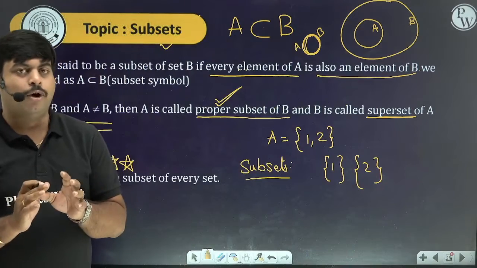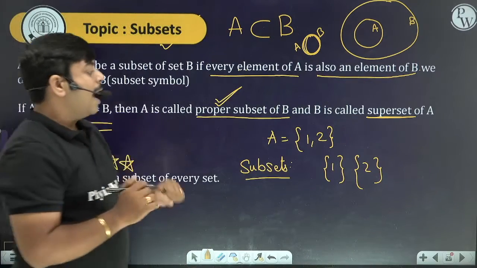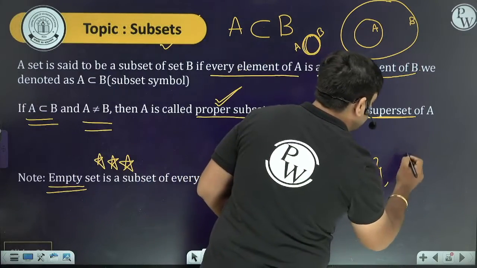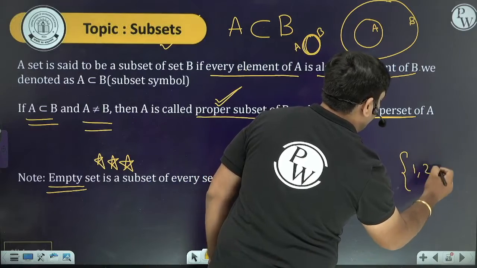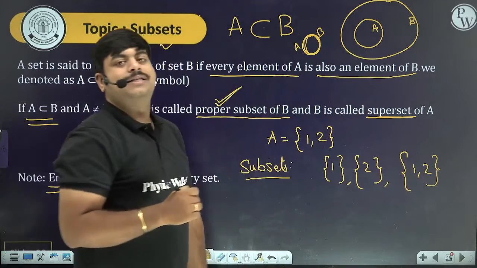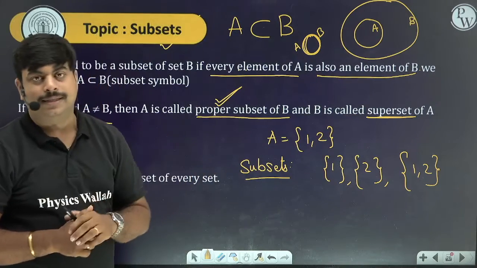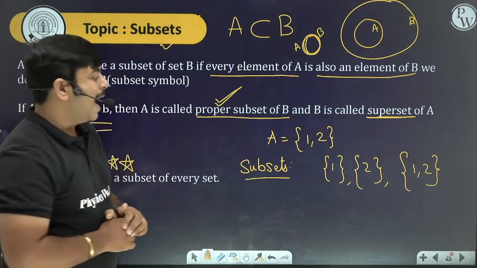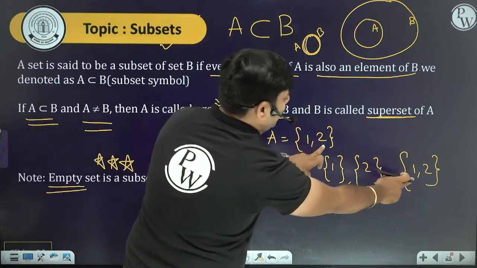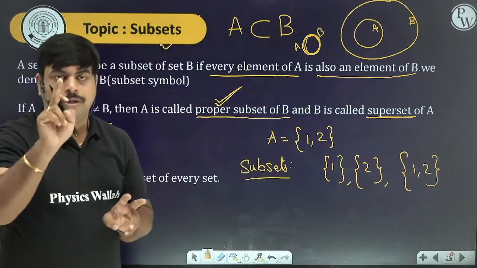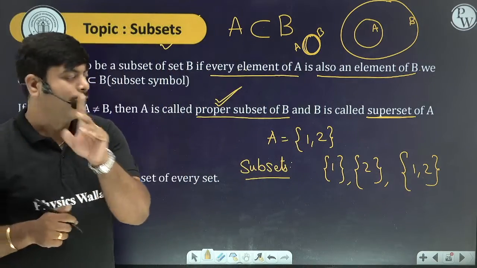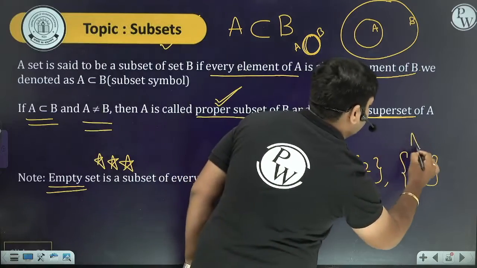Set {2} is also a small set inside that. As well as I can also write the set {1, 2}. That is also a subset of the bigger set. Those are equal. I told you an equal set can also be a subset. So that is one point you may miss when you're writing the subsets.